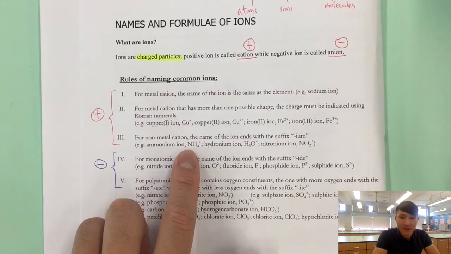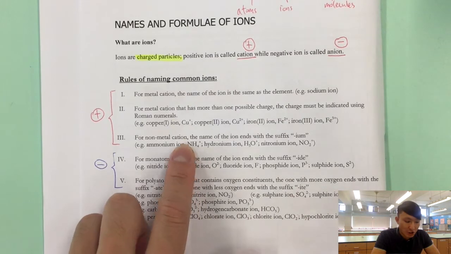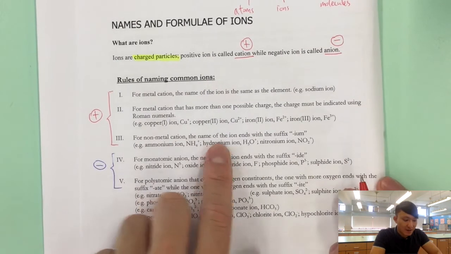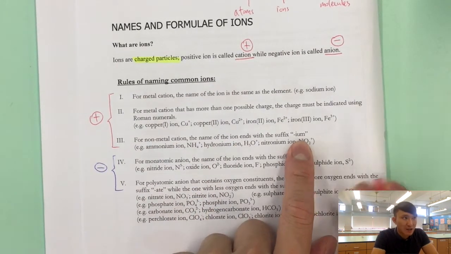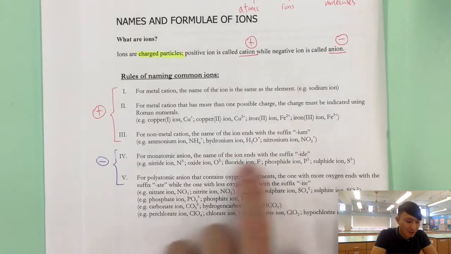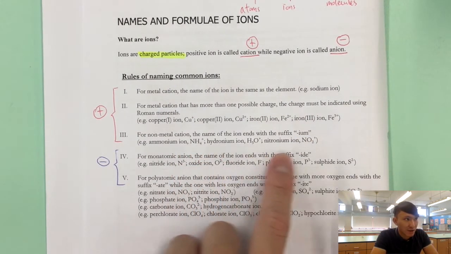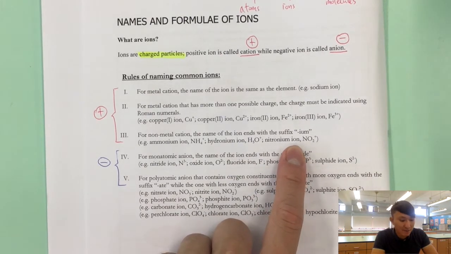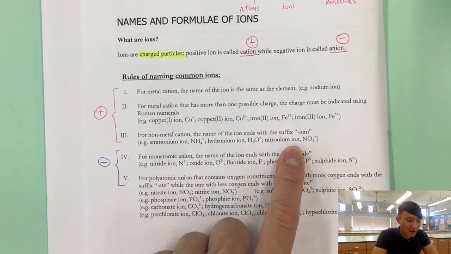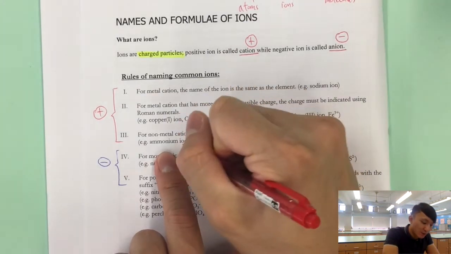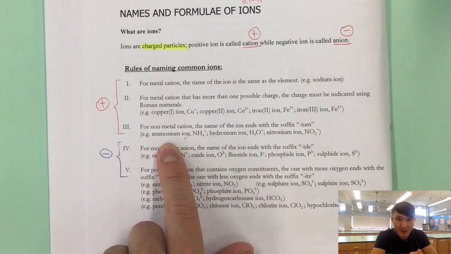These three ions that are made by non-metals. Now, for these non-metal cation, the name of the ion will end with IUM. So this one, ammonium ion, hydronium ion, nitronium ion. Okay? So these are some special case. At least I want you to memorize this at least.